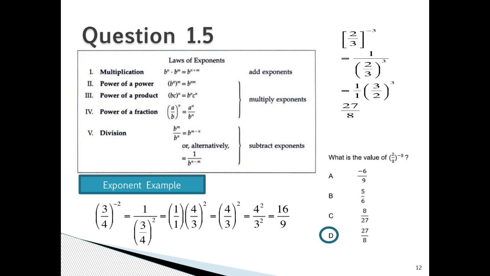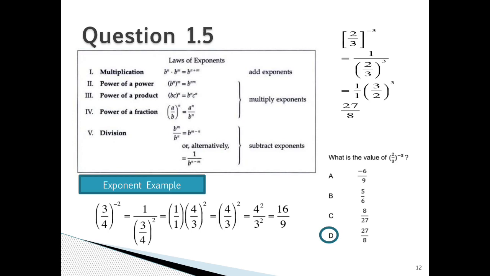The power of a product, (bc) to the power n, is equal to b to the power n, c to the power n. And the power of a fraction, (a over b) to the power n, is equal to a to the power n over b to the power n. It's important to note that we've multiplied the exponents.